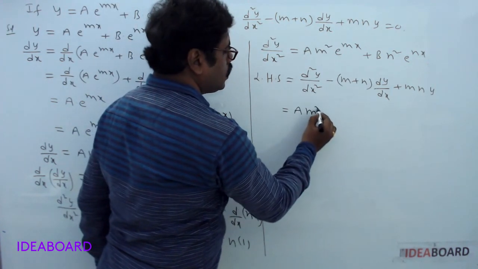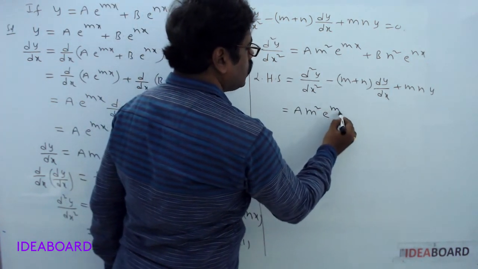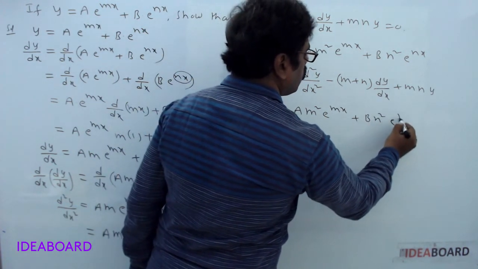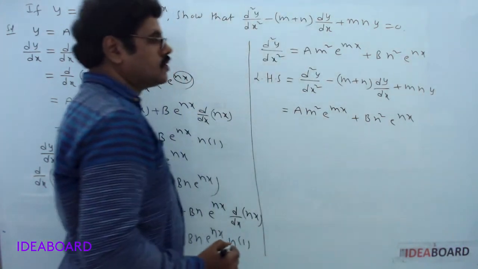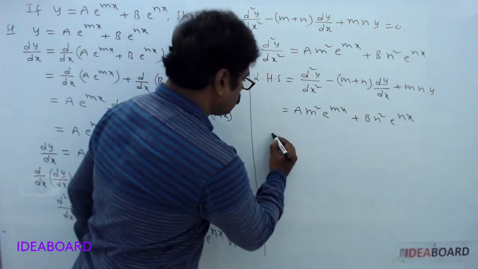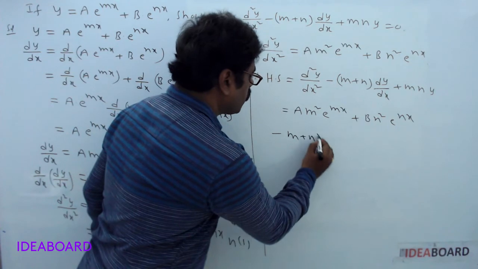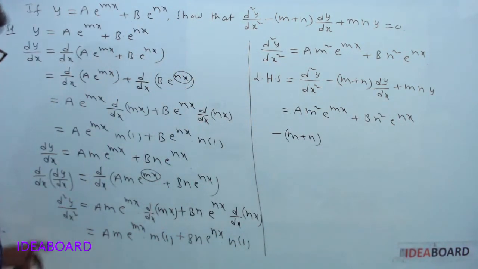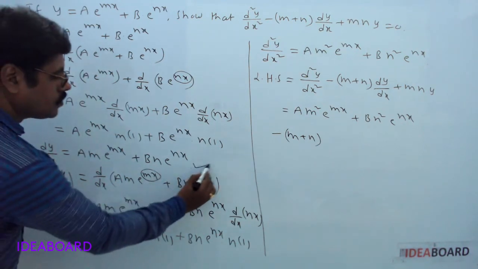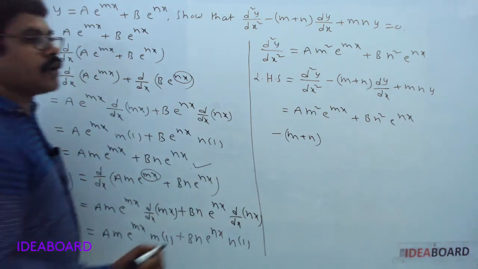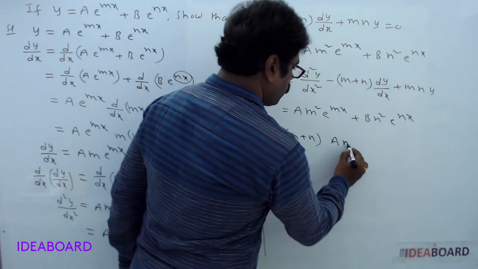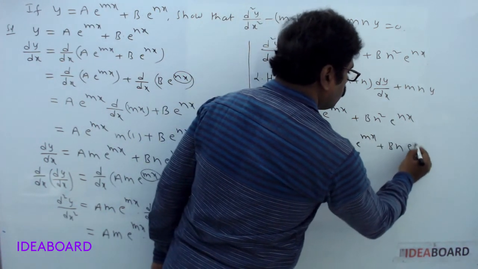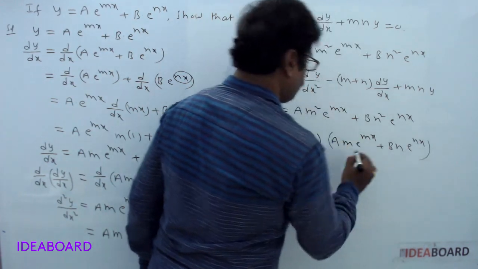This is am square into e power mx plus bn square into e power nx. Next minus m plus n into dy by dx. Now what is the value of dy by dx? am into e power mx plus bn into e power nx.